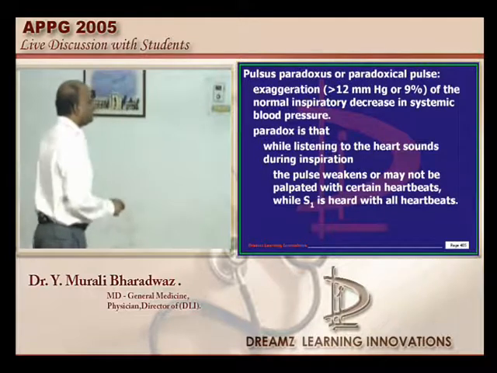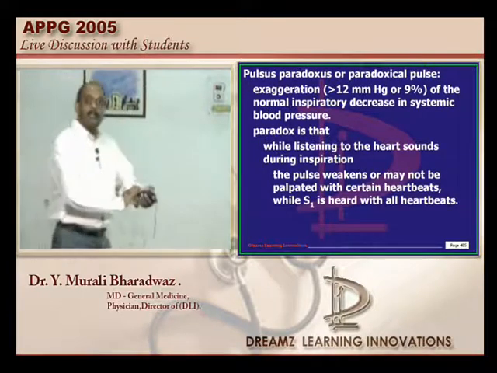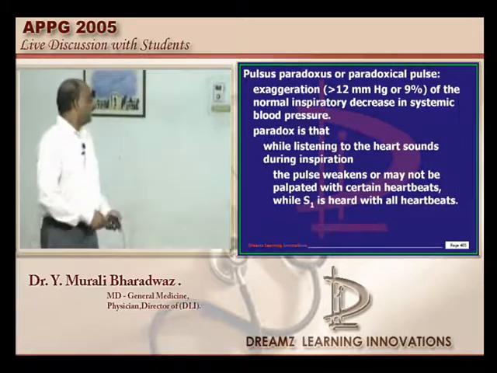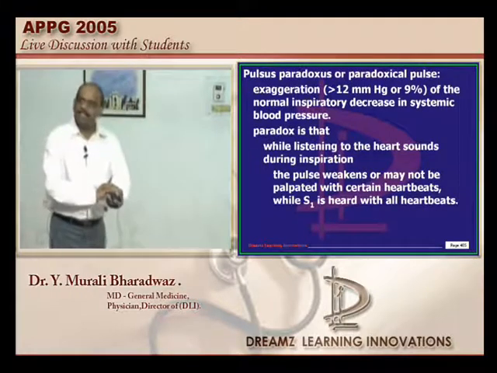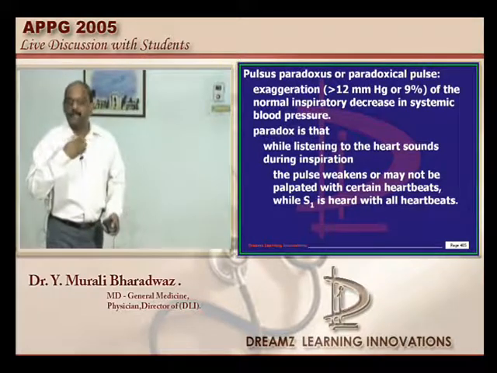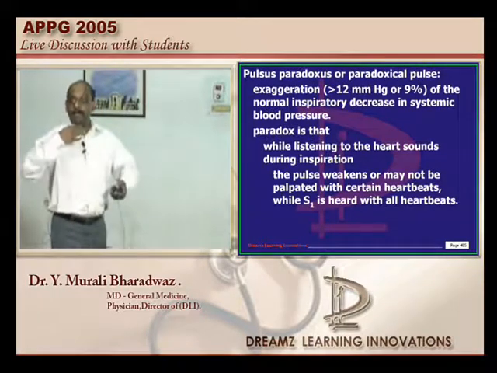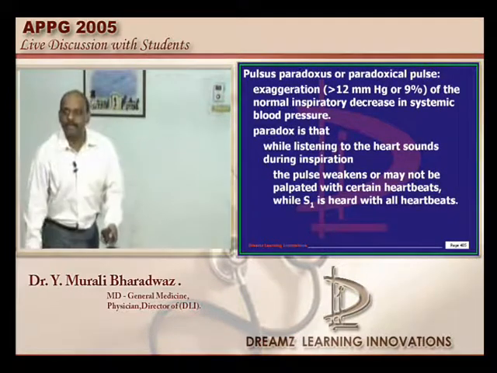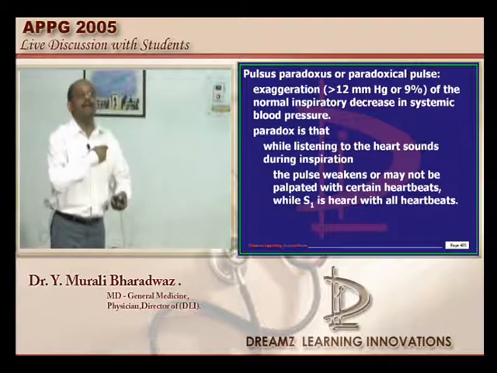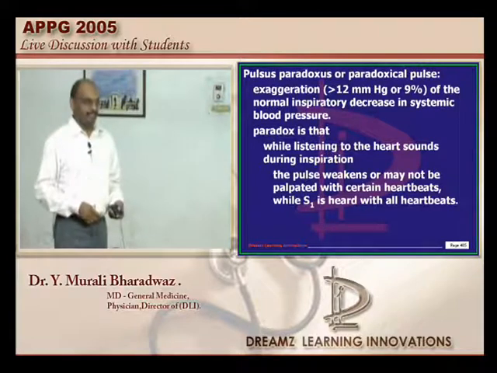While listening to the heart sounds, you will be feeling the pulse. At the same time you are auscultating the heart sound, you are able to hear the heart sound but the pulse is not felt at the time of inspiration. What is the cause? Because at the time of inspiration, the systemic blood pressure has fallen so much that the pulse is not palpable while the heart sound is still heard.